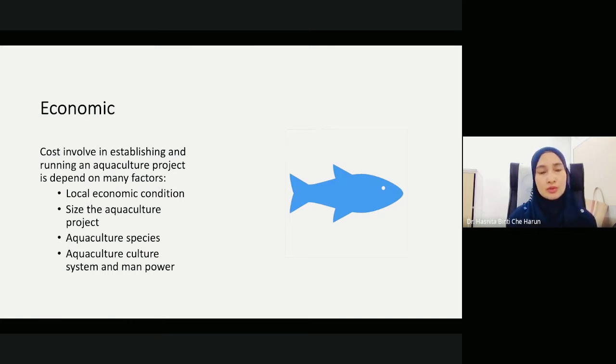So it will be different costs if you want to raise ikan kelah compared to if you want to raise catfish, as well as the system itself, whether you want to use a RAS system, concrete pond, or earthen pond, all will cost differently, as well as the number of manpower required to run the facilities.